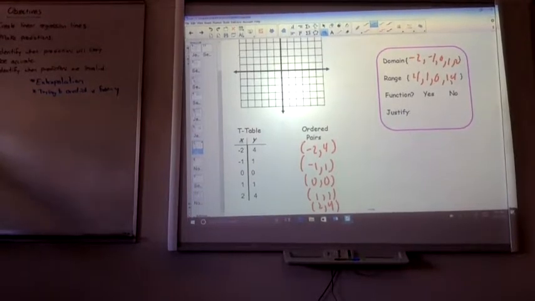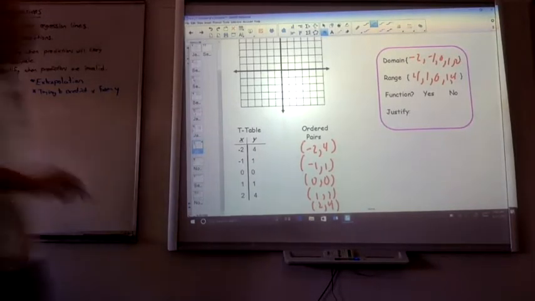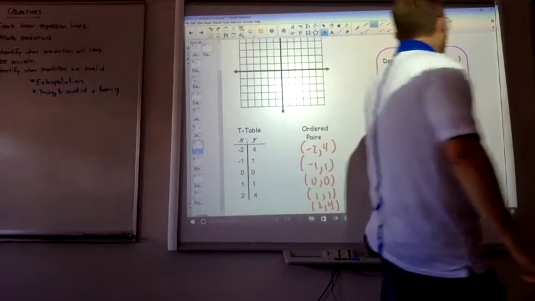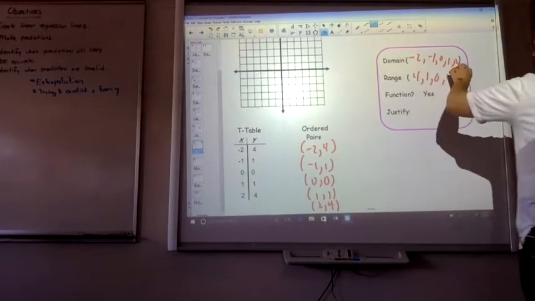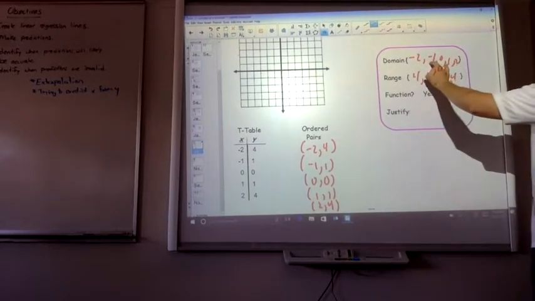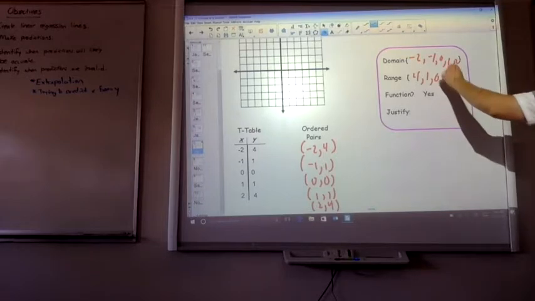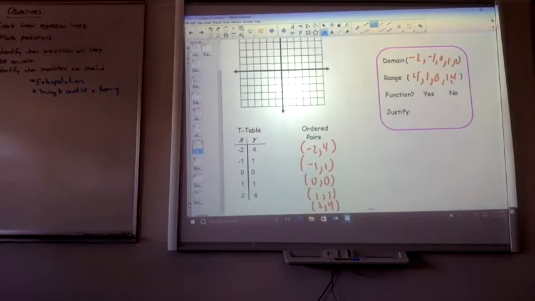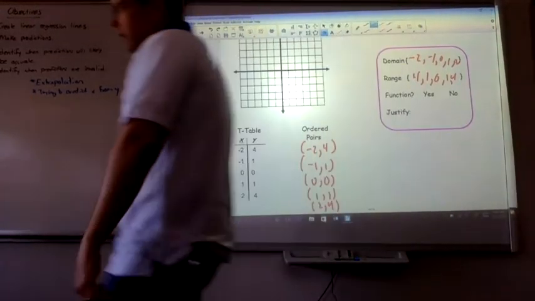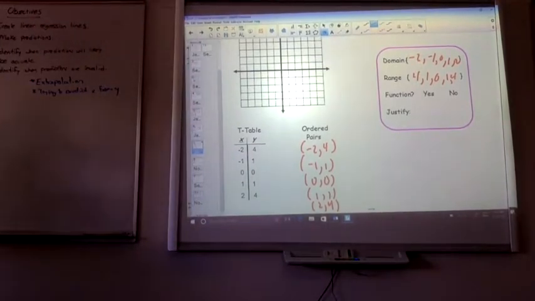Does the domain repeat? Is negative 2 and positive 2 the same thing? No. Is negative 1 and positive 1 the same thing? No. They don't repeat. So is it a function by our definition? Yes. It is a function because the domain does not repeat.